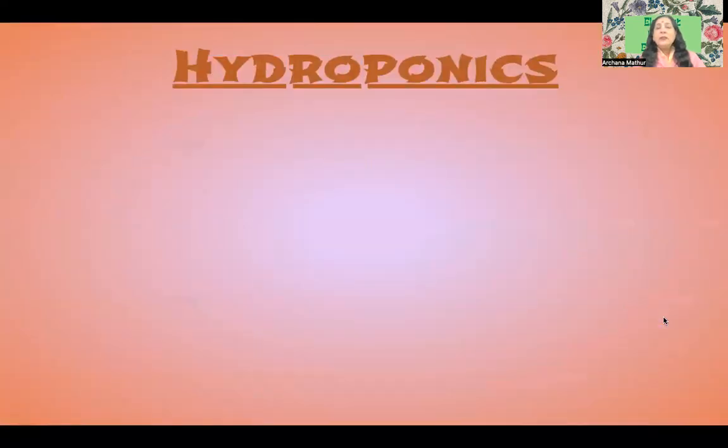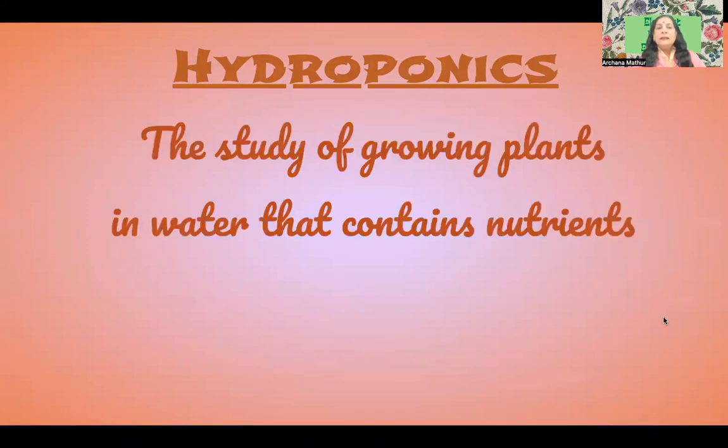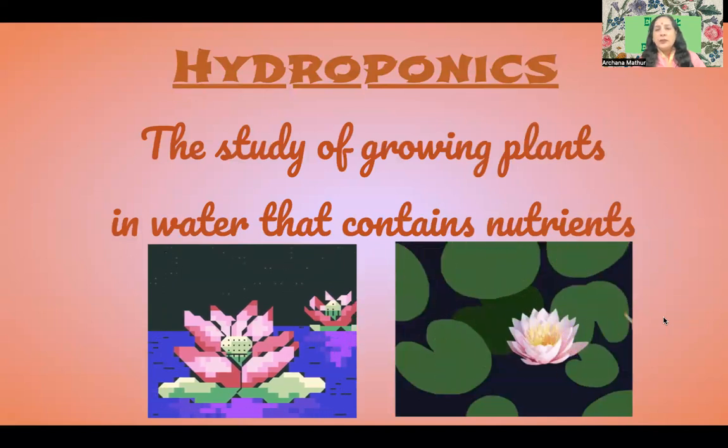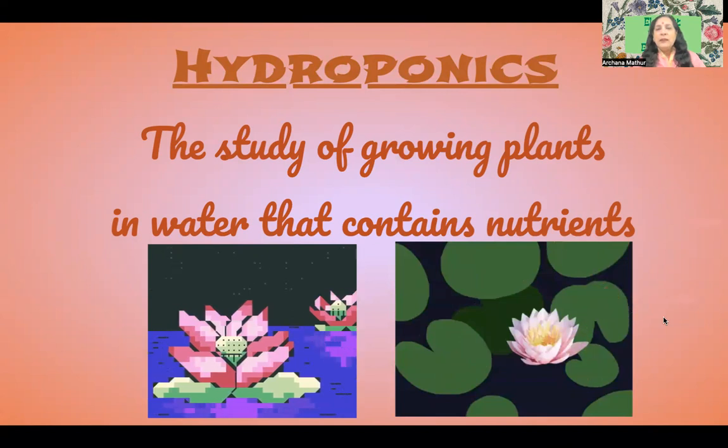Next one. Hydroponics. Hydroponics. So something related to water? Yes. So what exactly is it? This is the study of growing plants in water that contains nutrients. That is growing of plants without soil, simply in water. This is something new which has come up.